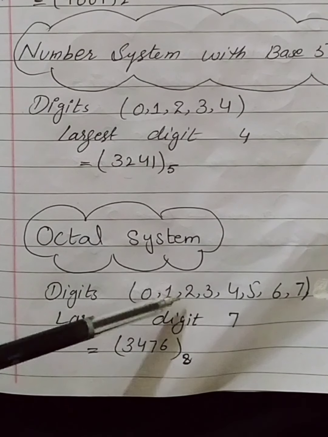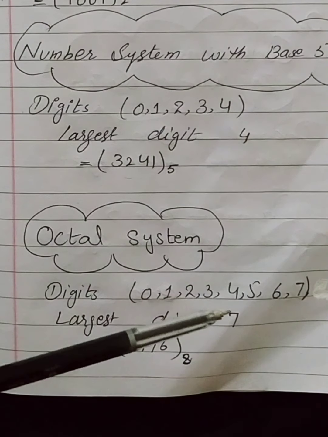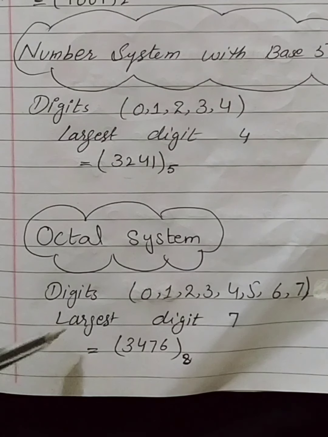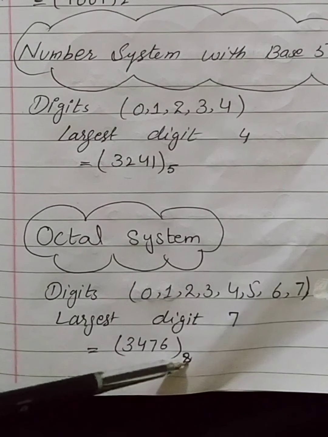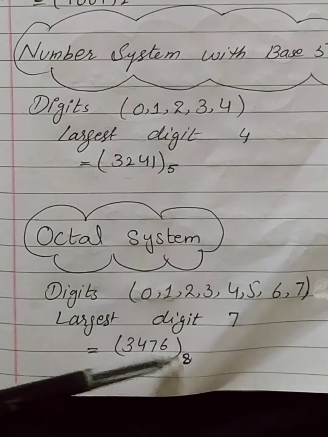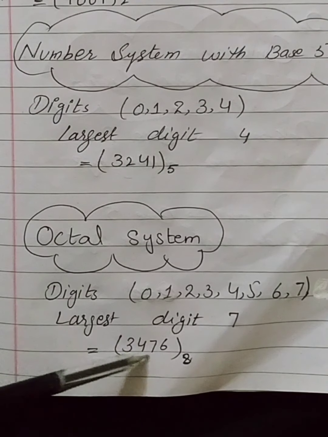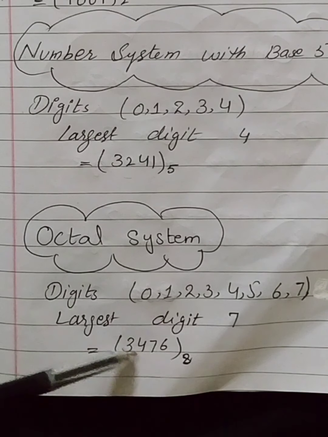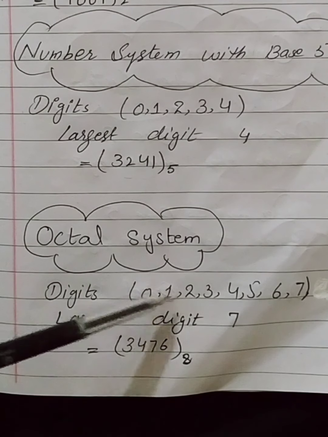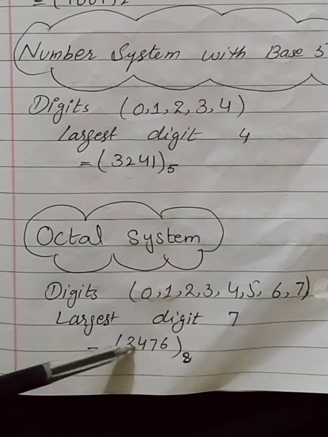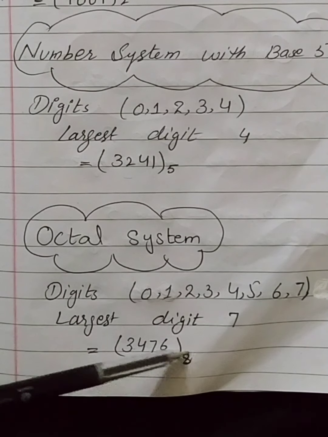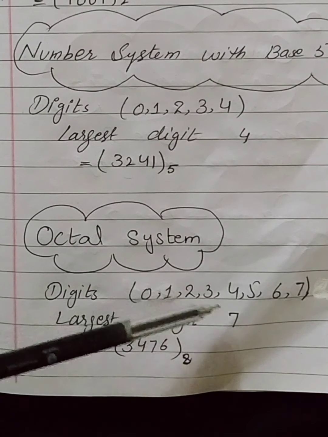The base is 8, but the digits used for the octal system are 0 to 7. So when we write with base 8, we use these digits.